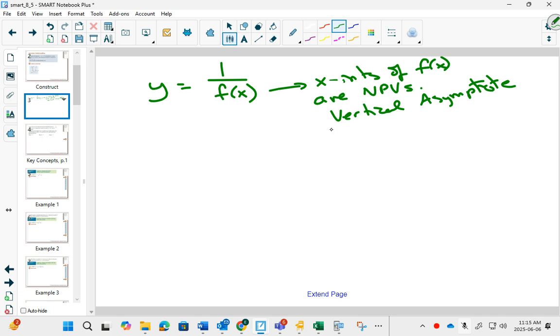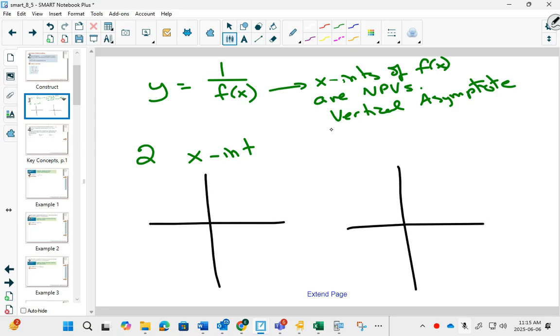So if we would just draw those out, like a parabola with 2 x-intercepts, I can think of your parabola opening up, like this. Could you also have 2 x-intercepts if it's opening down? Absolutely. So both of these situations would have 2 x-intercepts.